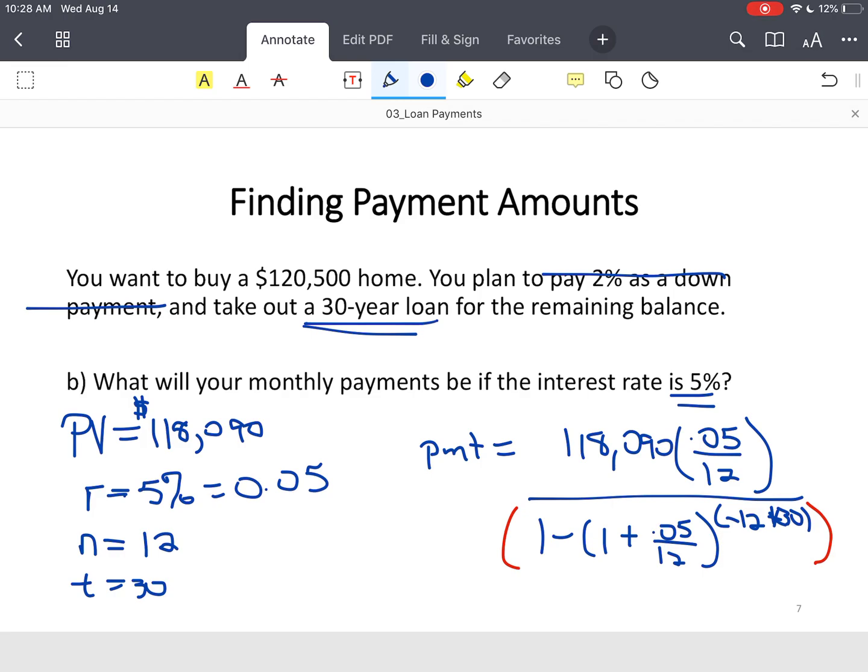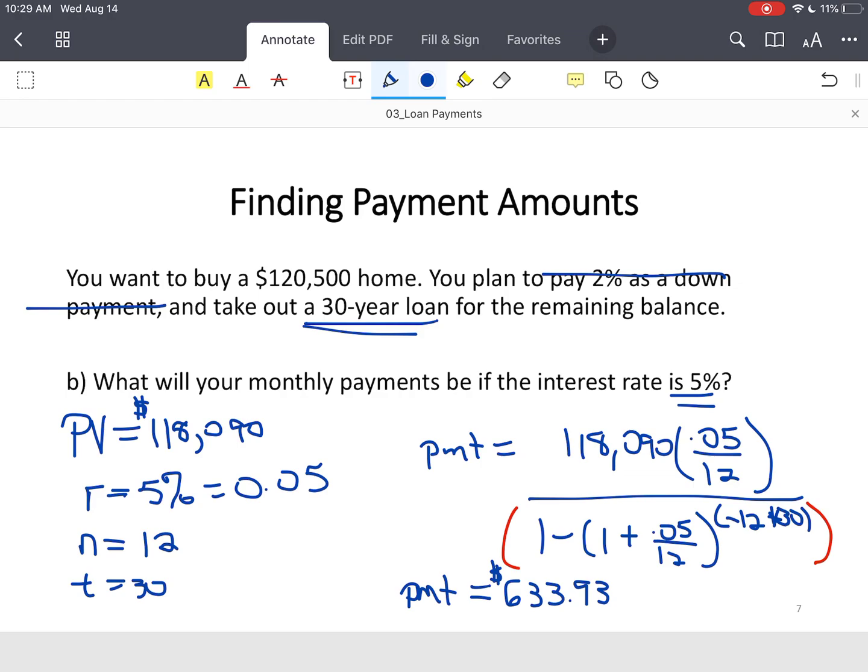Make sure you insert that negative 12 times 30. So the monthly payment on this particular loan is $633.93. So that's your monthly payment.